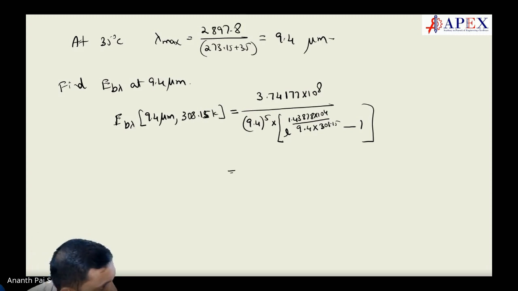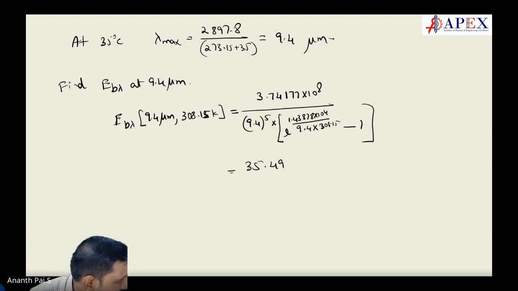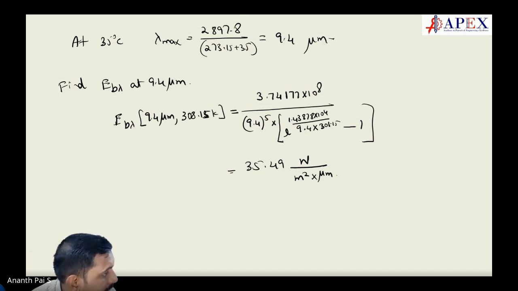What's the answer? 35.49 into... so you see it's high. It is so many watts per meter square into micrometer, because everything is in micrometer. Now, what is EB?